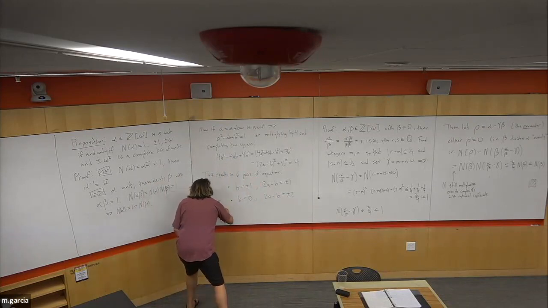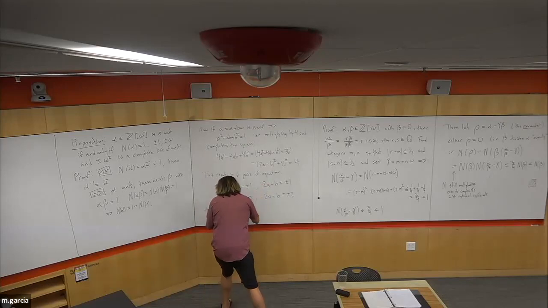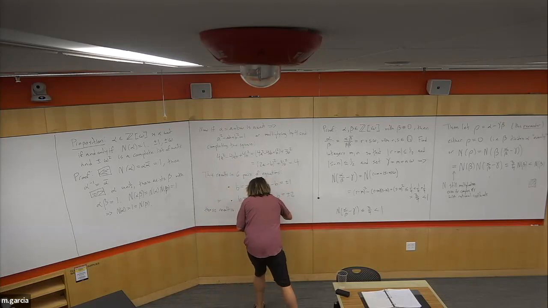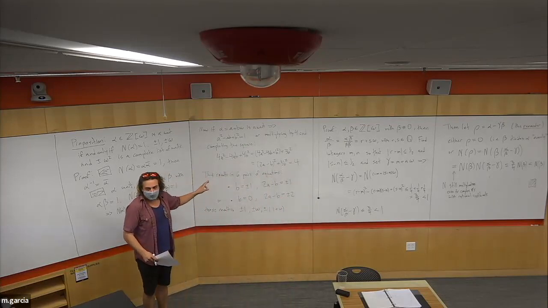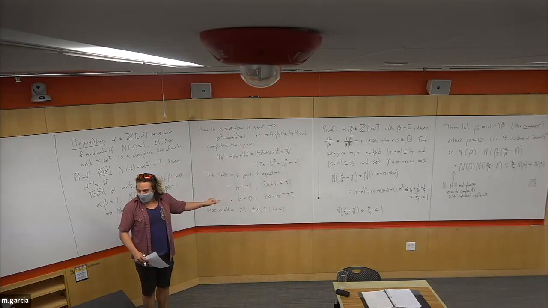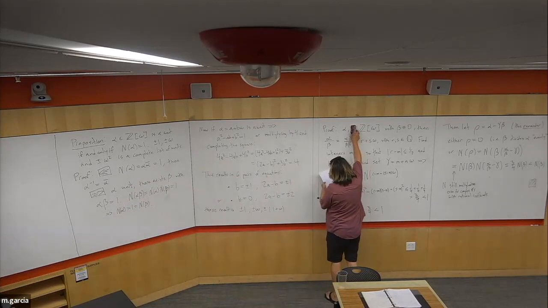These result in the possibilities for a and b being just the following: plus or minus 1, plus or minus omega, and plus or minus 1 plus omega. 6 different pairs of equations, 6 different solutions for a and b. Almost there.